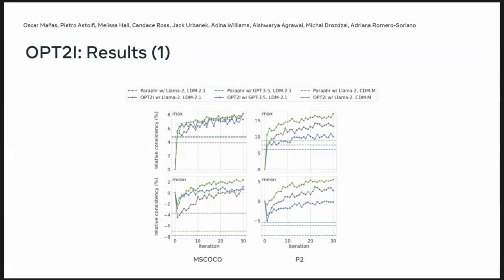So again, we have the same setup, different combinations of large language models and text-to-image models that we couple together in order to do this optimization by prompting, and we compare it to simple paraphrasing baselines. So once again, what we observe is that throughout the iterations, we are able to improve the results when it comes to prompt generation consistency by rewriting the prompts.